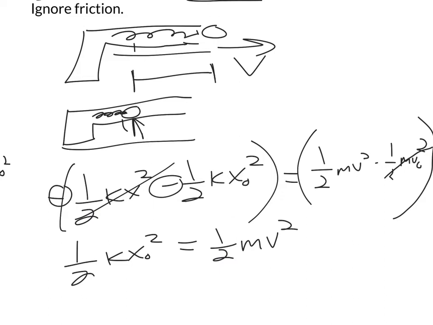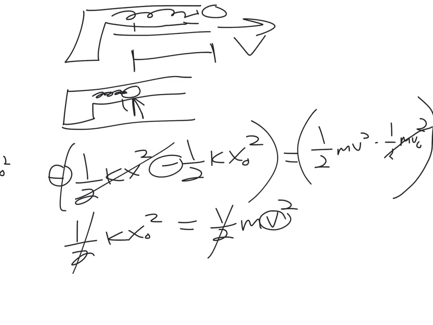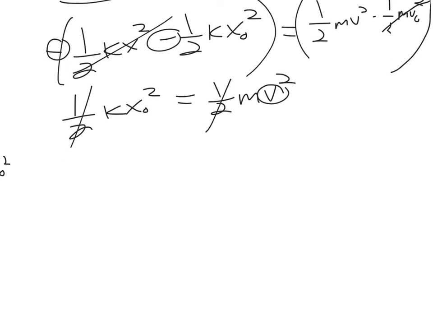Oh, look, the half goes away. That's nice. All right, so now I just need to plug in things, and I'm looking for v final. In this case, the mass matters. We can't cancel the mass. So K was 10 newtons. Oh, hold on, before I do that, I'm about to solve it backwards. Let's go ahead and solve it algebraically first.